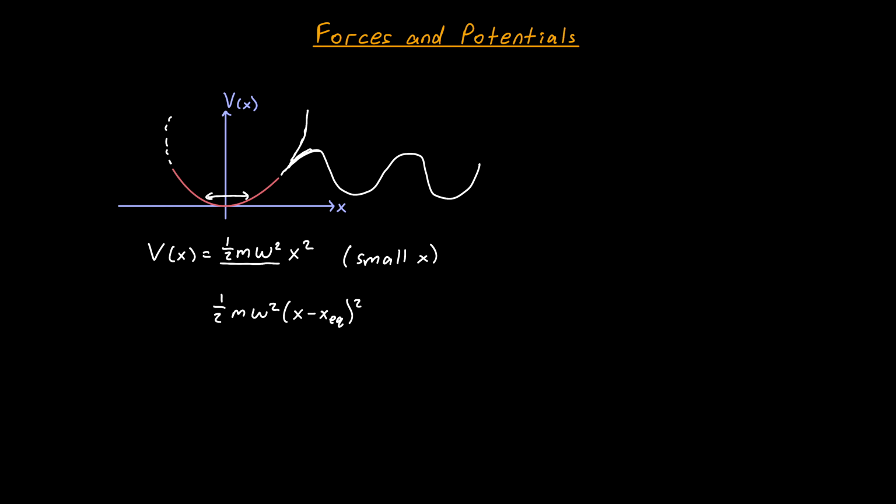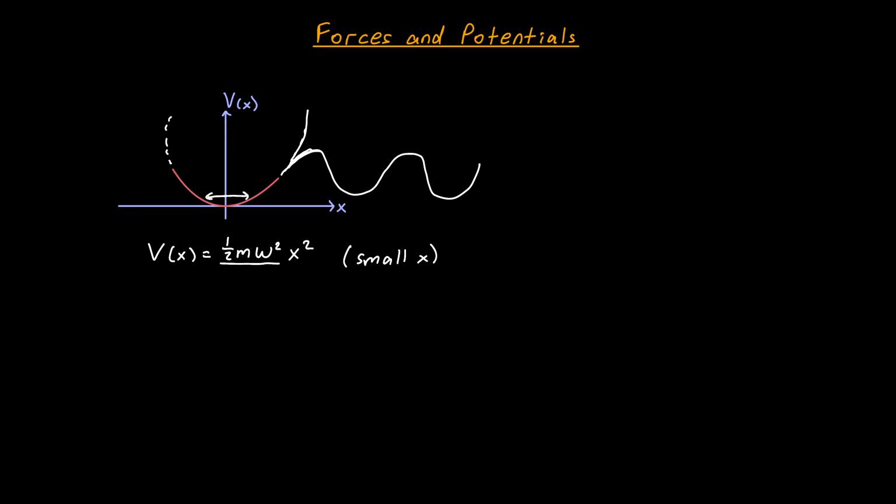But obviously this is a much more cumbersome and inconvenient form of the potential energy to work with, so in most cases you should really try to set the position of that equilibrium point to x equals 0. That way you don't have to worry about this term, and you can simply work with the simpler form of the potential that we've written up here.